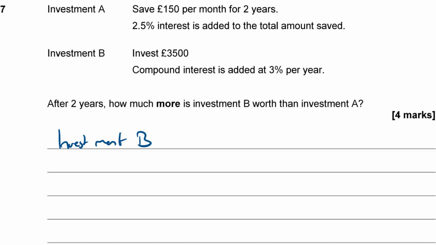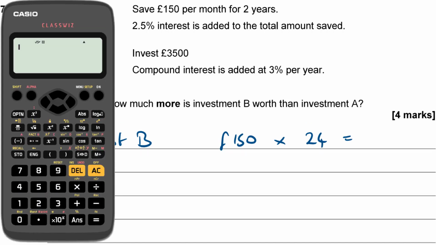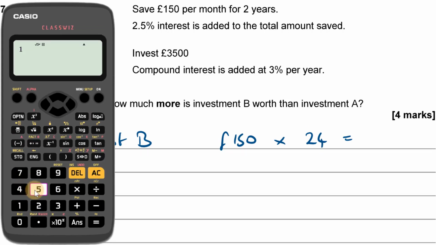So if we're saving £150 per month for 2 years, then we've got 150 times 2 lots of 12 months, which is 24 months. So 150 times 24, that comes out to be £3,600.